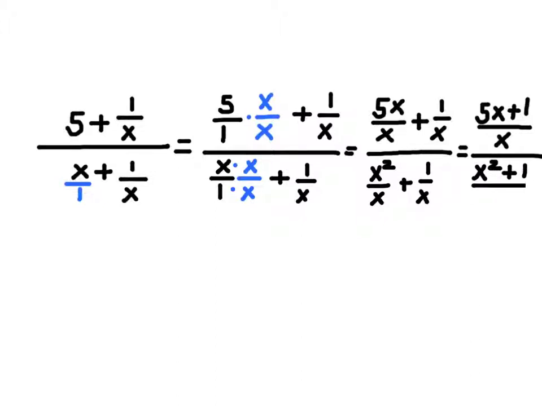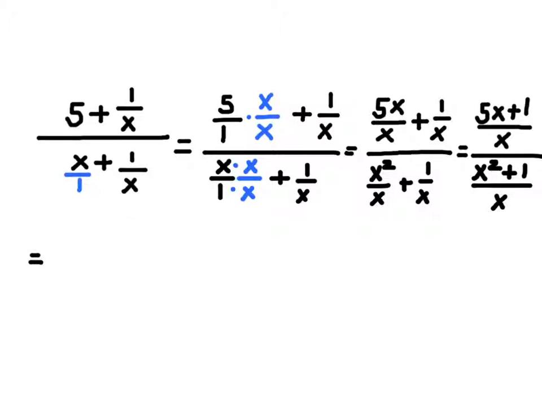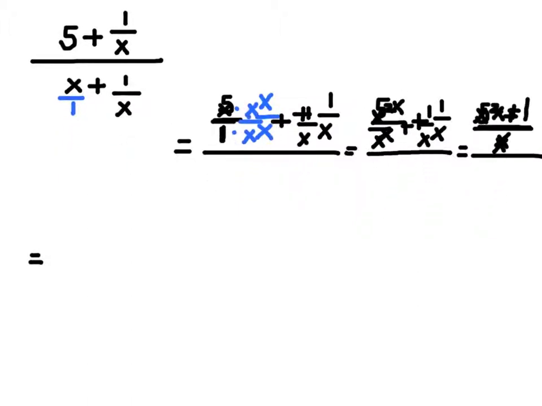So what's going on here? Well, I took the numerator and I combined it into one fraction, and then I took the denominator and added it together to get another fraction. So now again we have a fraction divided by a fraction. Let's write that out, and let's move this up to give ourselves some more working room.